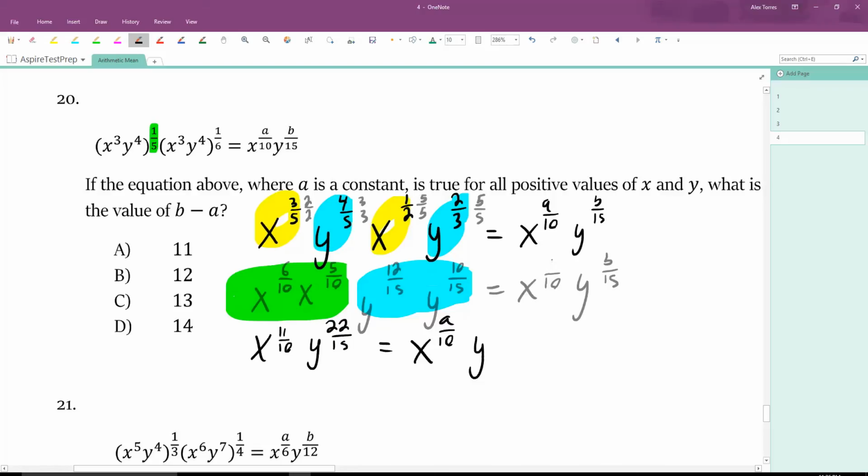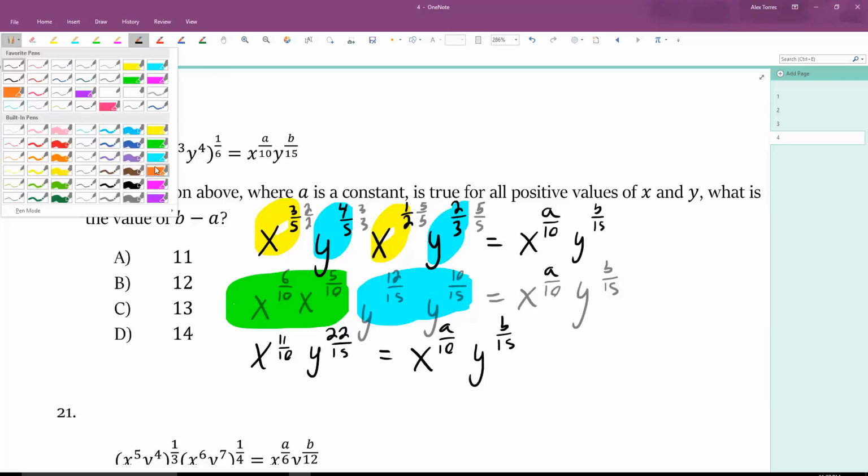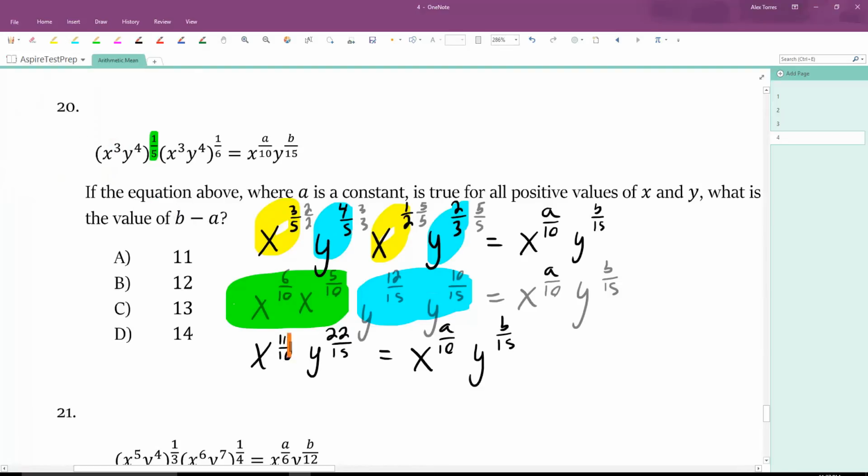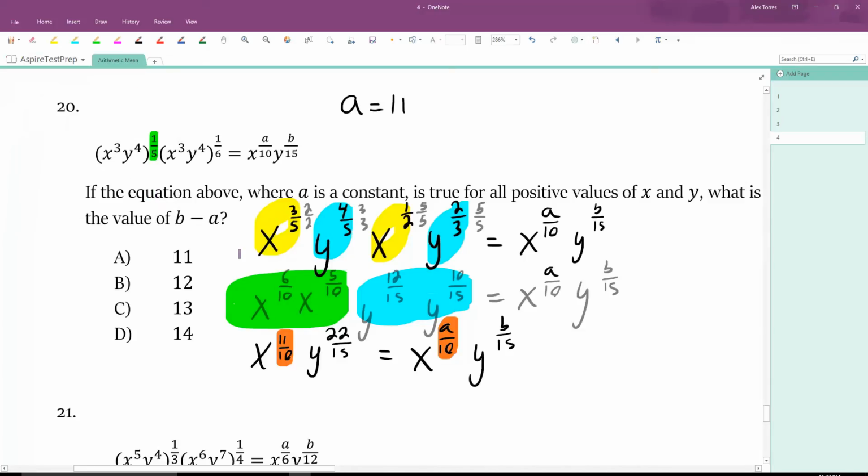Sometimes you have to understand your own handwriting when you do this stuff. And y to the b over 15. So we've got some stuff that matches now. 11 over 10 is in the same spot as a over 10. So we just found out that a equals 11. And we can also say that 22 over 15 is in the same spot as b over 15. So we just discovered that b is 22.